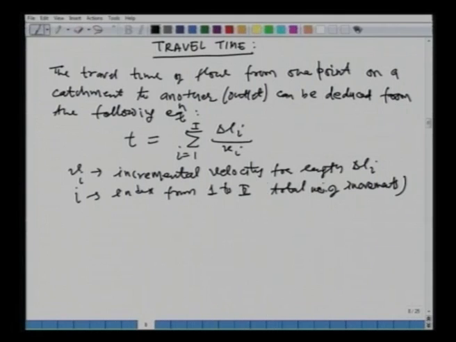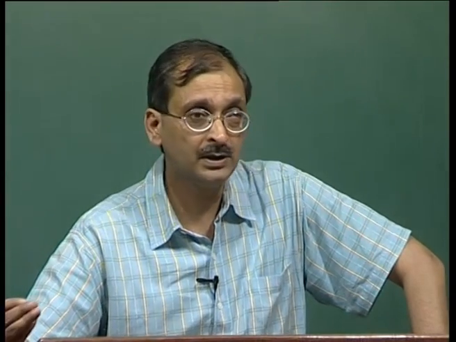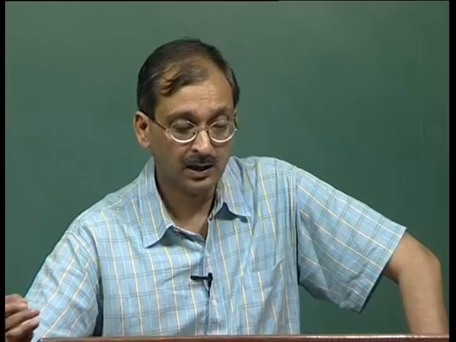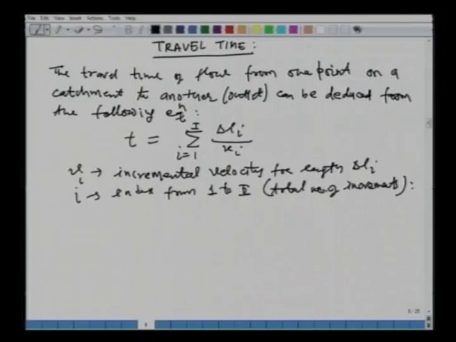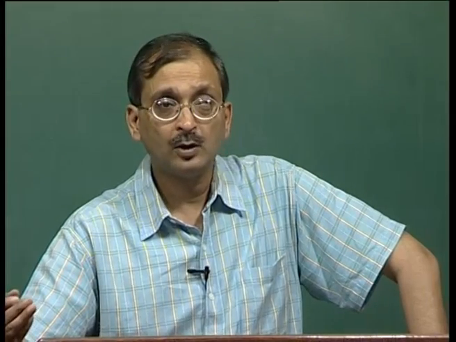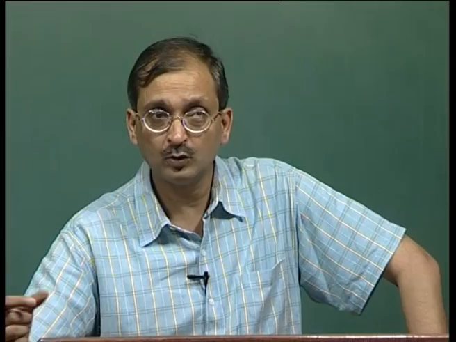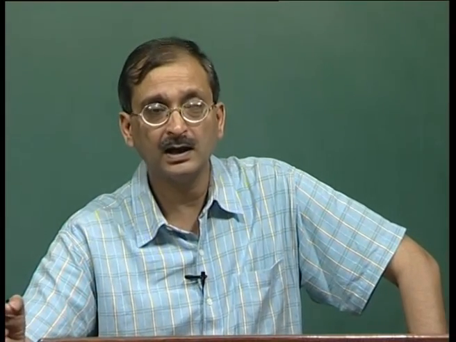So, what we are saying here is that the travel time of water from any point in a catchment to another point or to an outlet will be different. We can divide the path of travel of water from one point to the other into different segments of length delta Li.